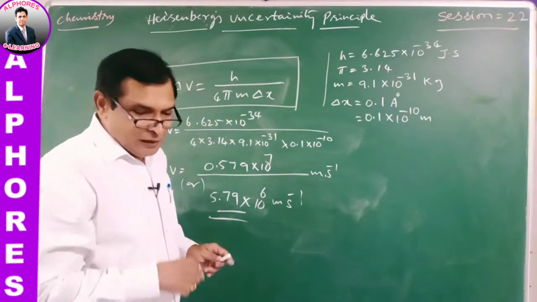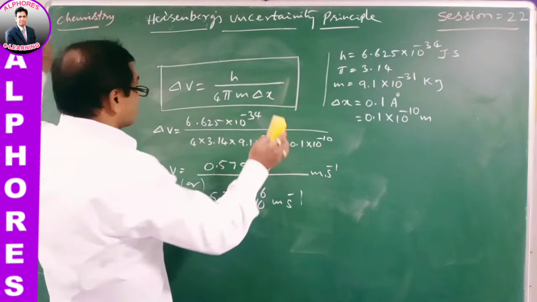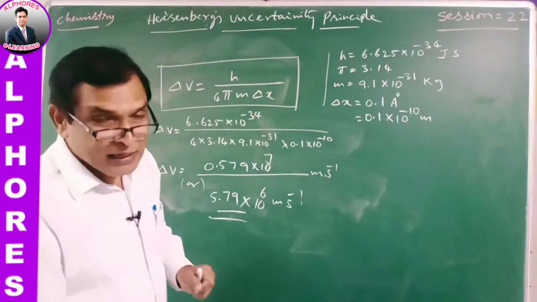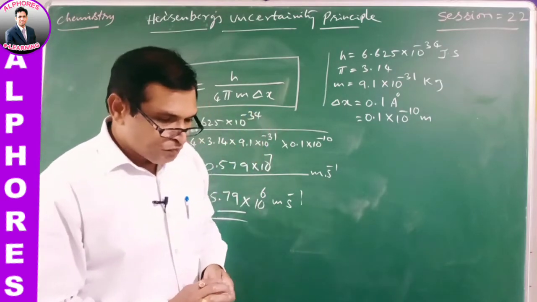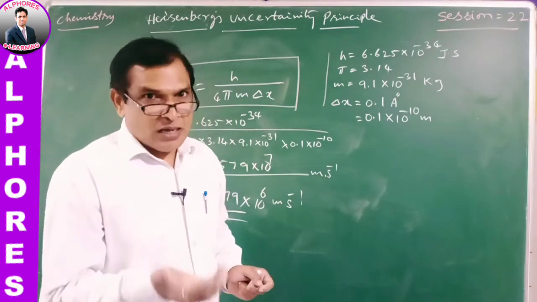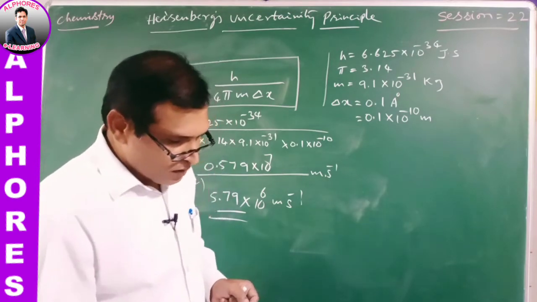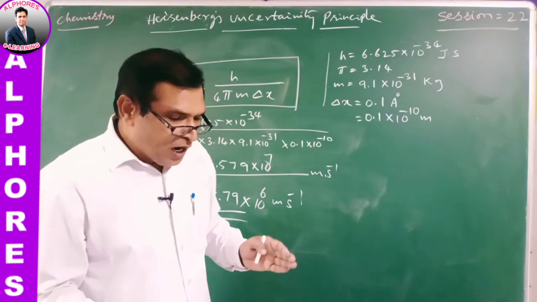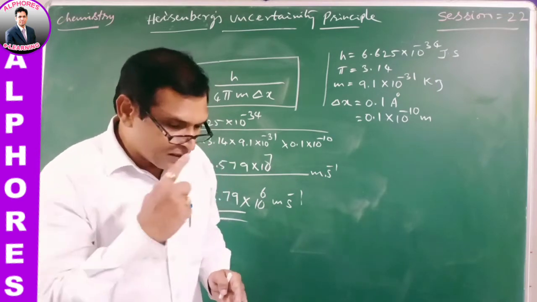Now coming to the next problem based on Heisenberg's uncertainty principle. Let me read the problem once. A golf ball has a mass of 40 grams and a speed of 45 meters per second.